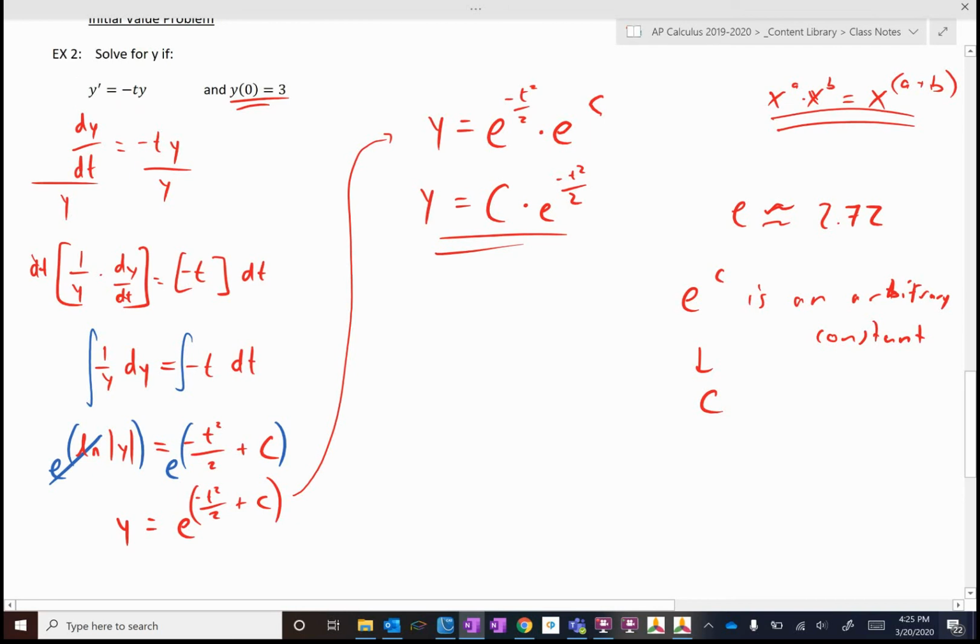We were told what the initial value is when t is equal to 0. So when t equals 0, we know that y of 0, which is c times e to the negative t squared over 2, is equal to 3.